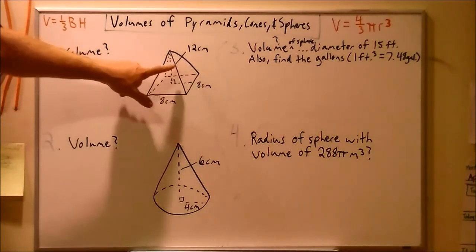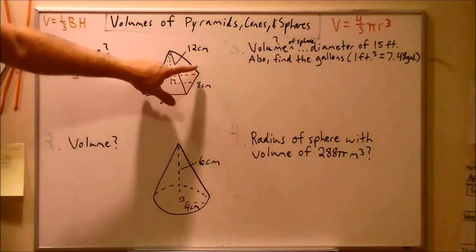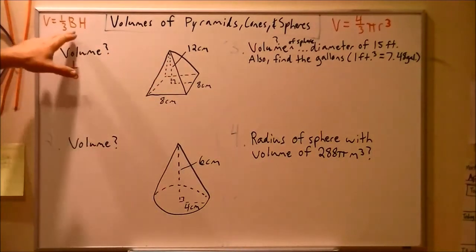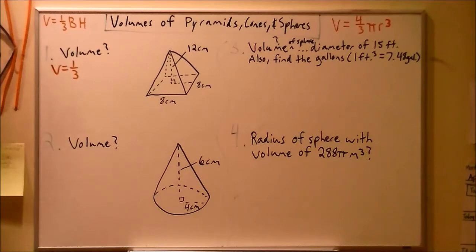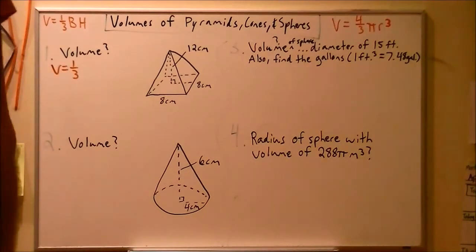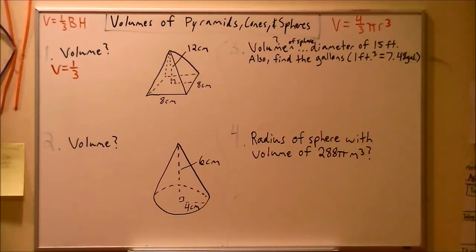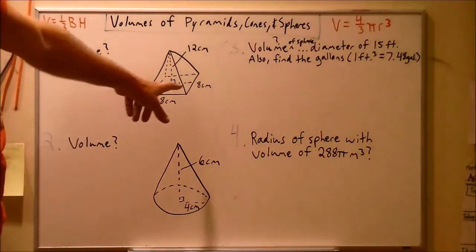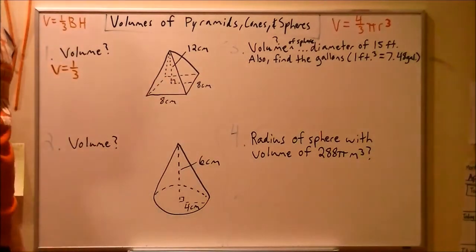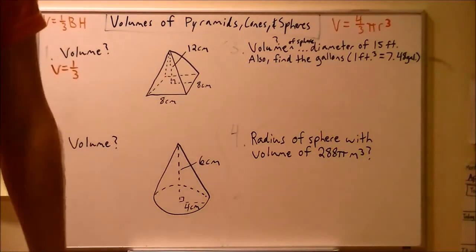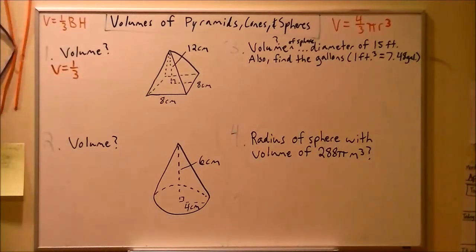The base of this pyramid, guys, is the shape of a square. And remember, base in a volume formula is determined by the area of the base of that shape. And that shape is a square at the base. Who can tell me, even though I can't hear you, act like I can, who can say out loud, or at least kind of under your breath, what the area of a square is?